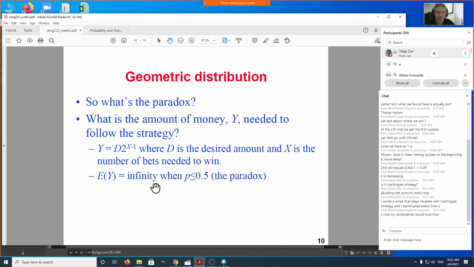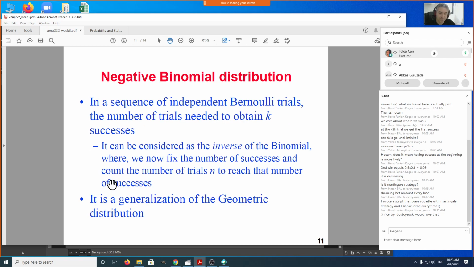And as I said, the expected value of the sum of money we need is going to be infinity when success probability is 0.5. So even when you're playing with a single coin toss, heads or tails, and you want to win with just coin tosses, and it's a fair coin, even in that case, the expected amount of money you need is infinity.